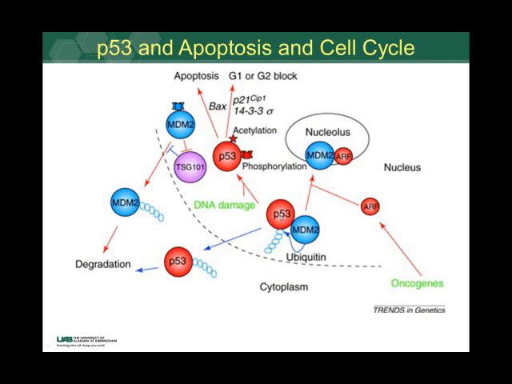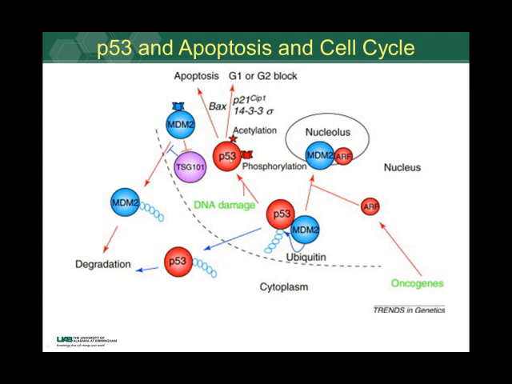that with low concentration of P53, it is in a complex with MDM2, and so the level of P53 is going to be low because MDM2 is going to cause ubiquitination of P53 and send it off for degradation by the proteasome. Now, in the presence of DNA damage, phosphorylation of P53 occurs.